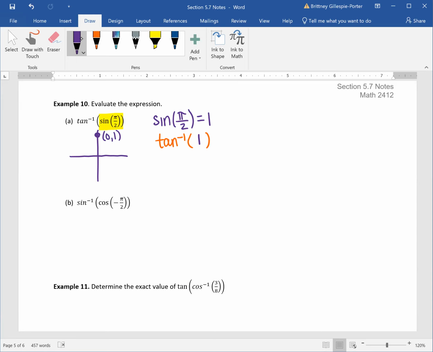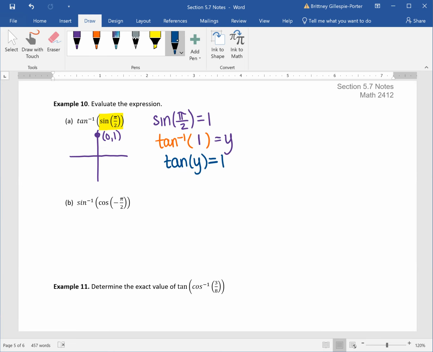But remember, we can rewrite this. So if it's inverse tangent of 1, we're looking for where tangent of y is 1.